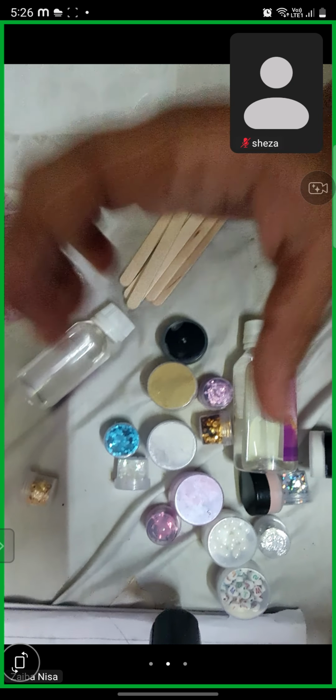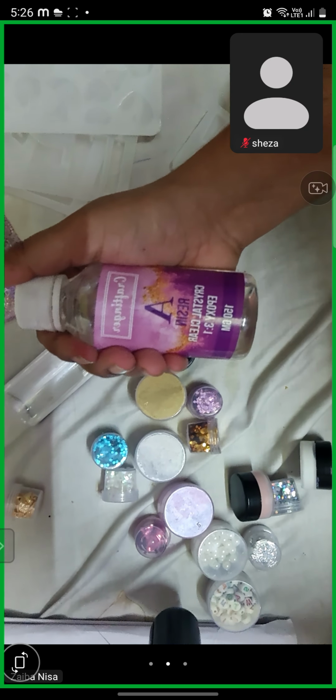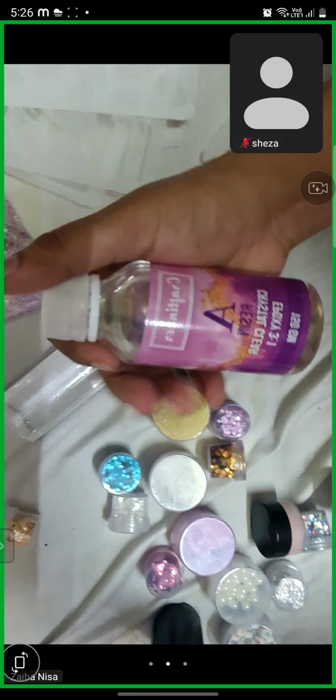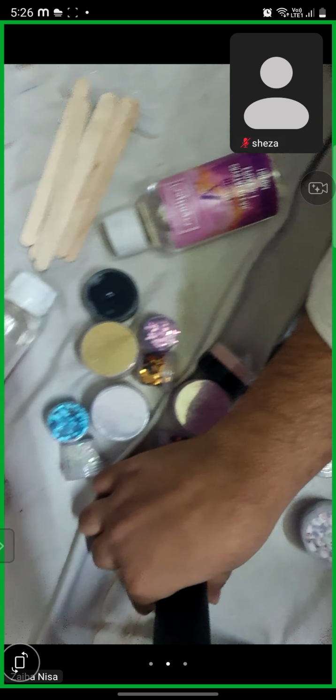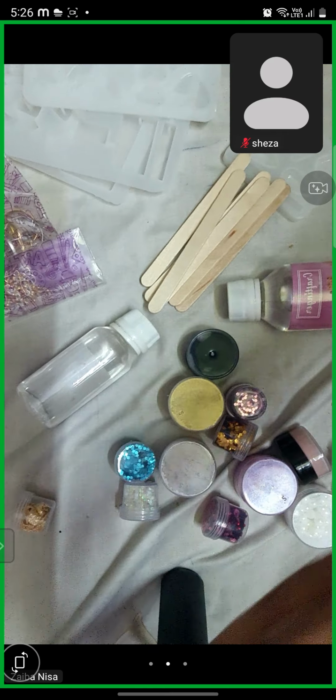And wait for a while, I just wanted to show you all the powders. This is a resin. The resin that I am going to use is in a 3:1 ratio. You all can go with the 3:1 ratio or 2:1 ratio, but for learning purposes it is good if you go for the 3:1 ratio.